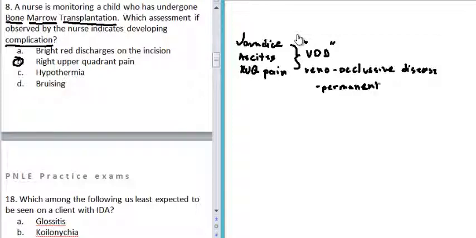This is the permanent closure of the hepatic vein. Permanent closure of the hepatic vein. The answer is letter D.